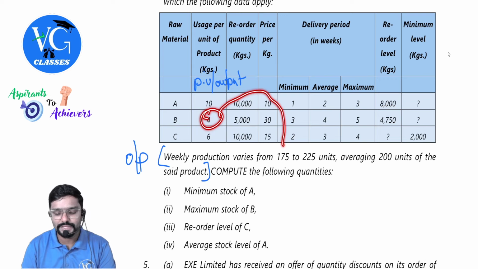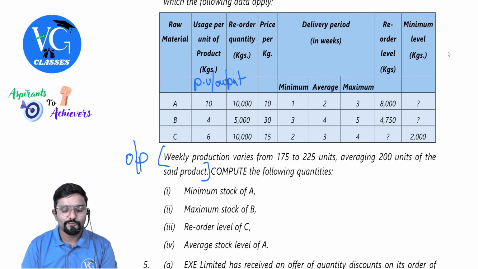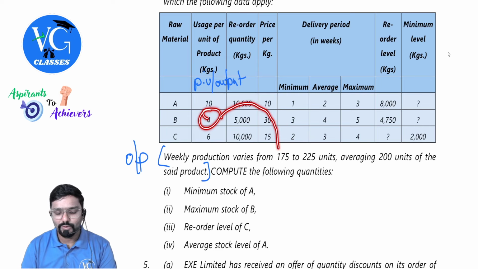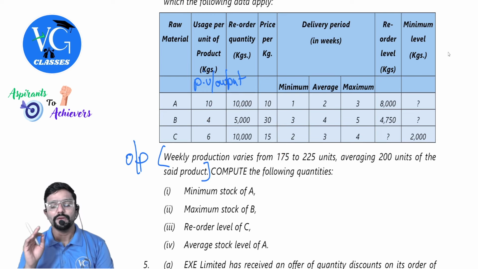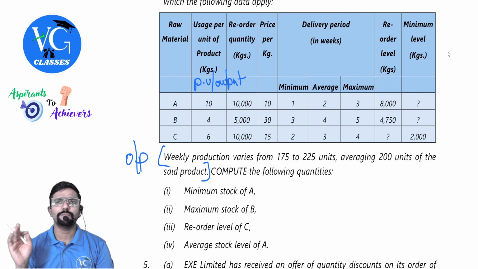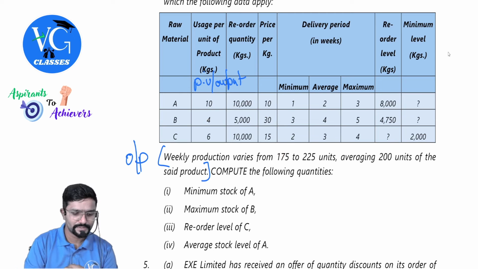4 into 175. What is the minimum reorder period? 3. So what should you do now? 4 into 175 into 3. If you do 4 into 175, you will get minimum consumption. Multiply that with minimum delivery period, reorder period, lead time, everything is on the same basis, guys.